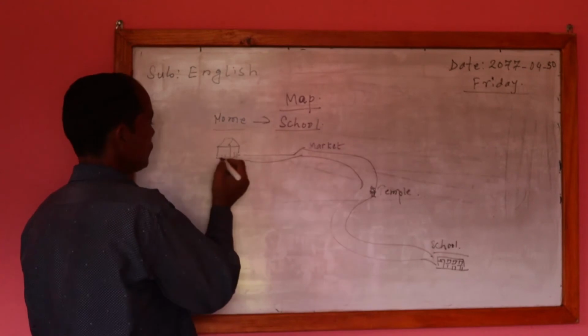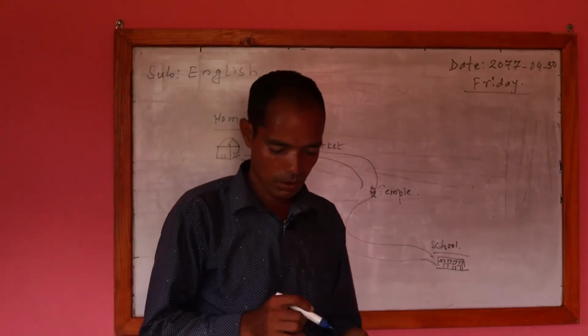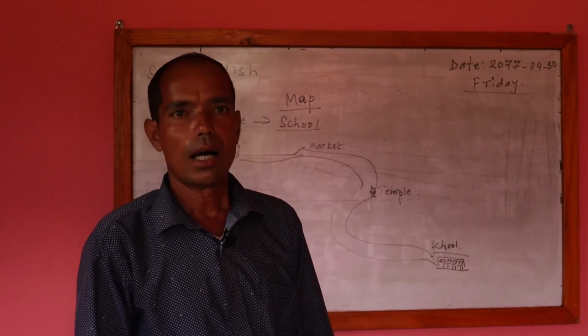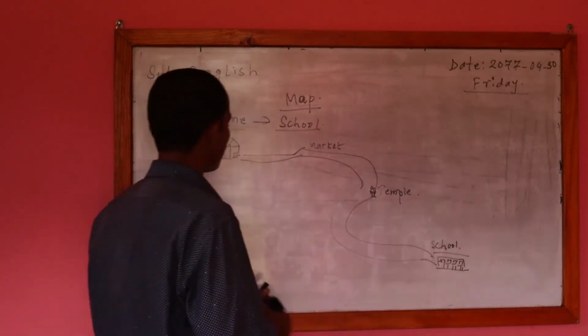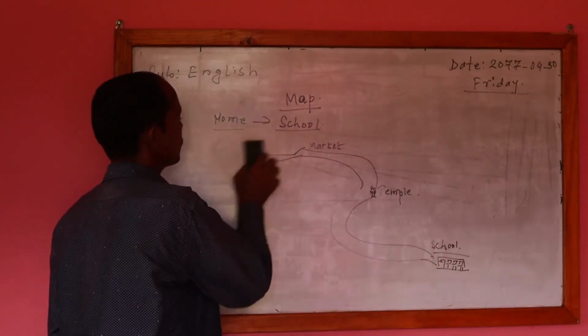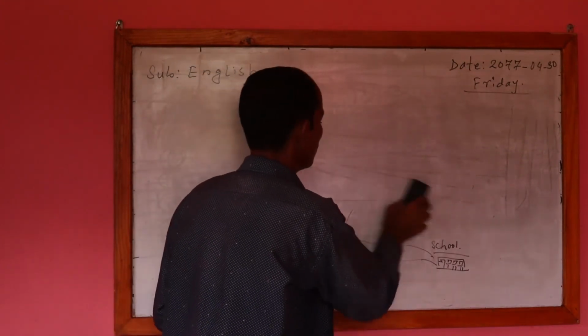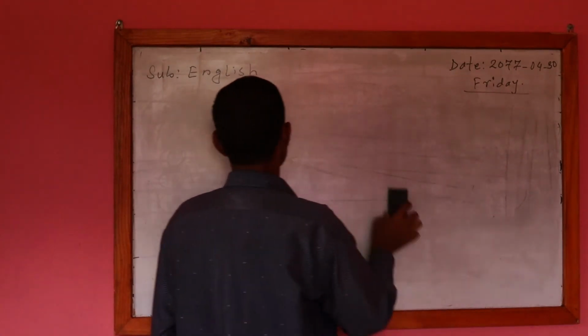Okay, now students, after this, in Story Time it is given how we can speak. It means our course book tells us how we can speak or how we can use the language.